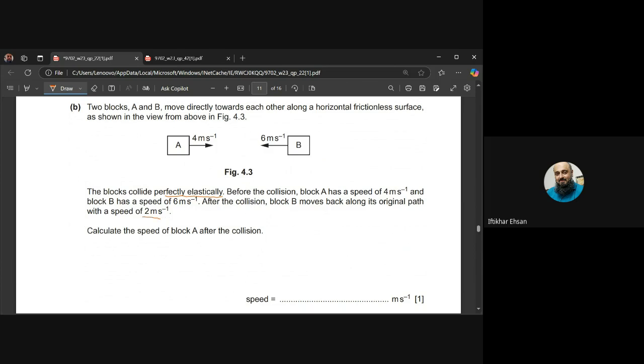So let's say this is M1, U1, M2, U2, and after collision B has this speed. We take rightwards as positive, then leftwards will be negative. So as it moves backward, it is positive.